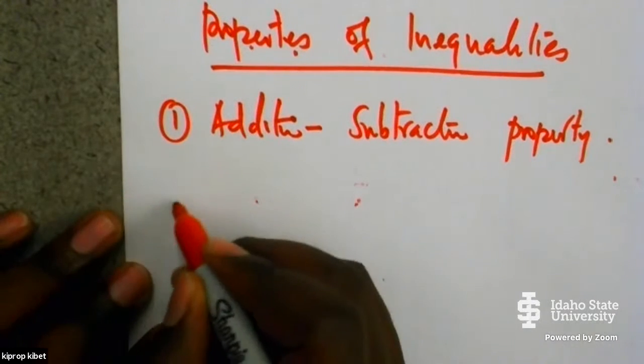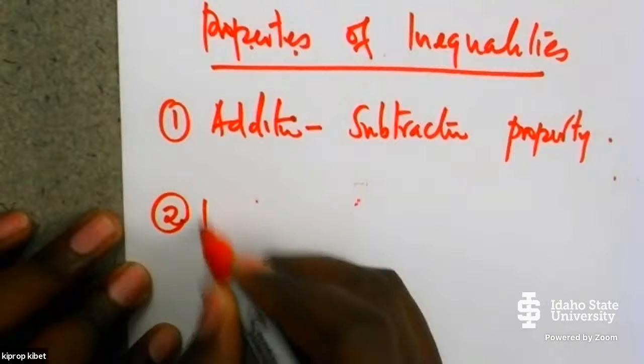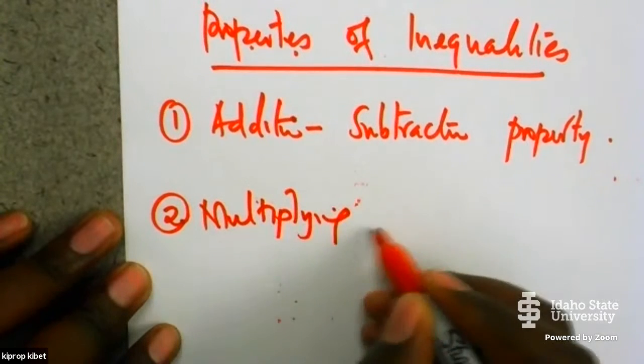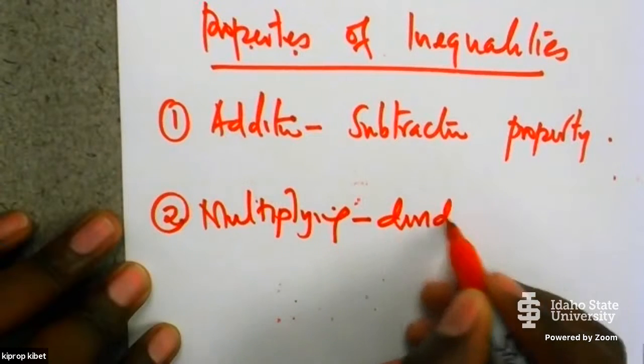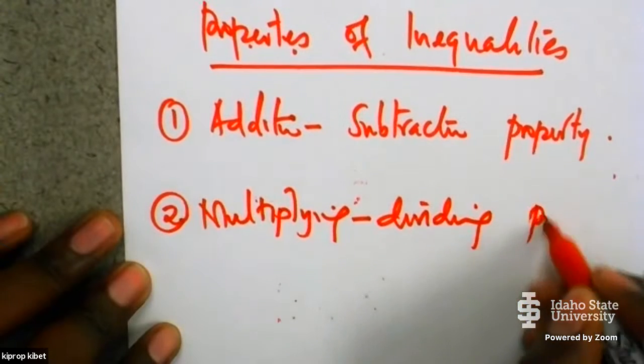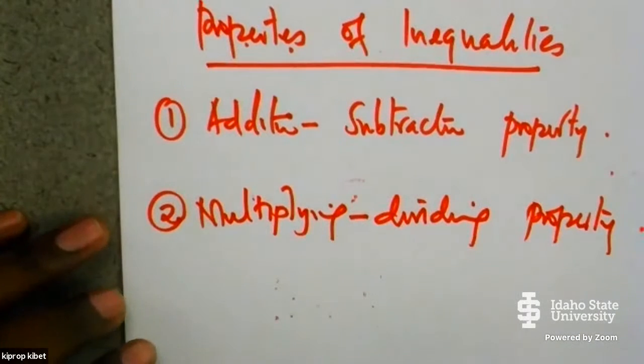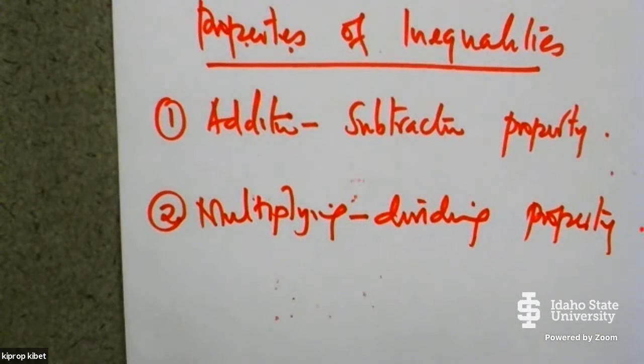And then we have number 2, the multiplying or dividing property.